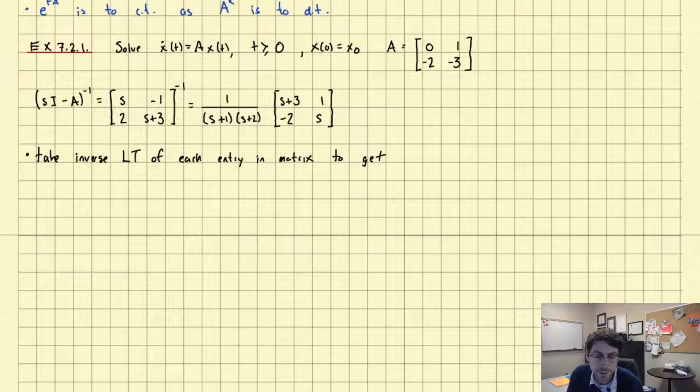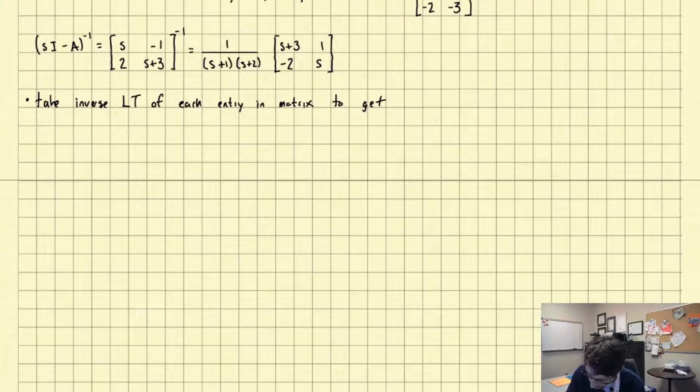Okay, so that's a time-consuming step, obviously. You're going to do partial fraction expansion 4 times, once for each entry in that matrix. There's nothing too interesting there, but I'll just write down what we get. Let me just make sure I don't make any mistakes in writing this down.